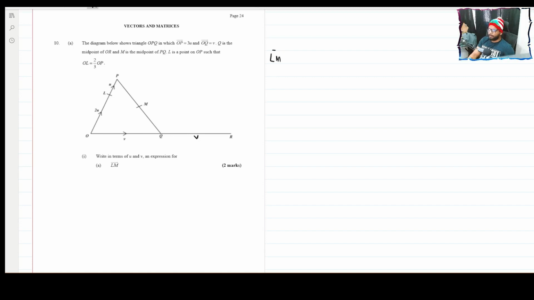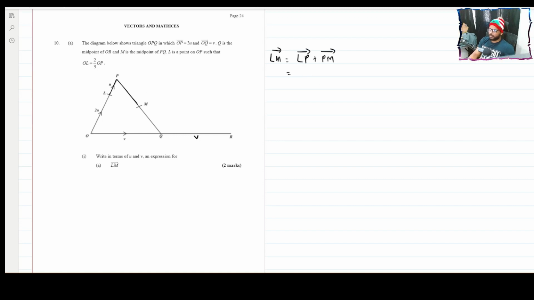So LM is L something plus something M. And we're looking for a letter in common with L and M. So I can go with LP and PM. LP will be 1/3 of OP, and OP is 3u.